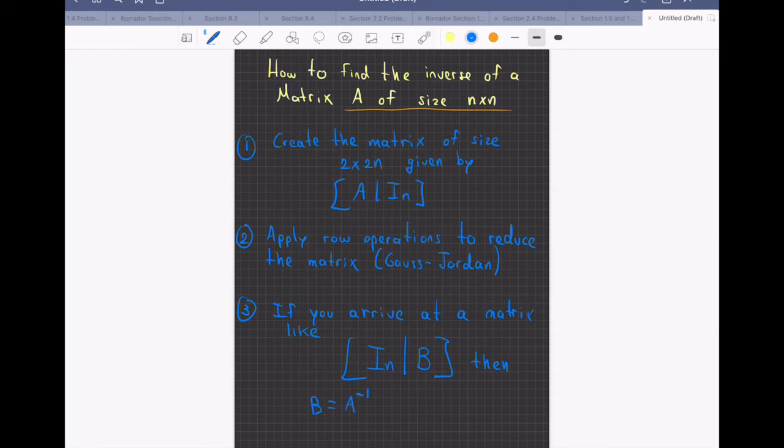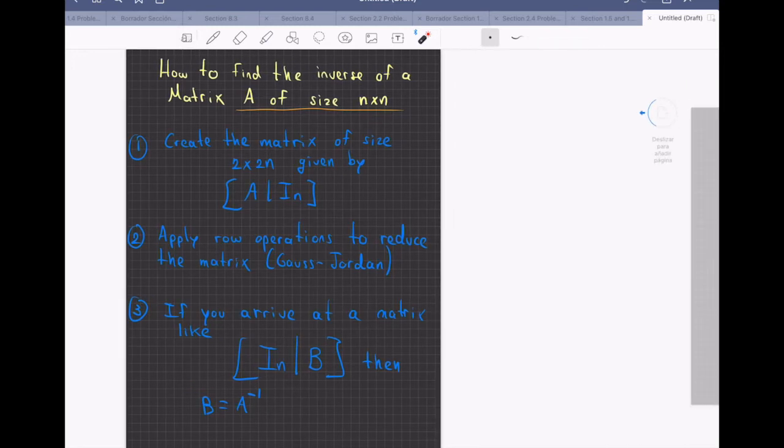So the purpose with this method is that we can turn this side of the bigger matrix into the identity matrix with size n. If we can do it, then this one here is going to be the inverse. If not, then we don't have any inverse.